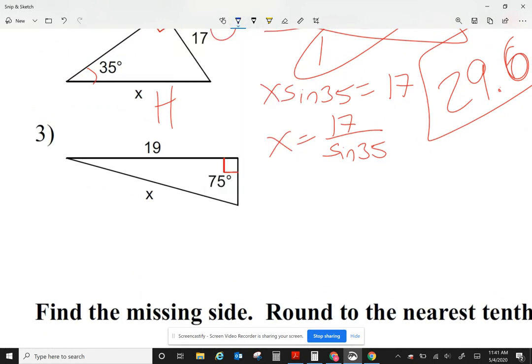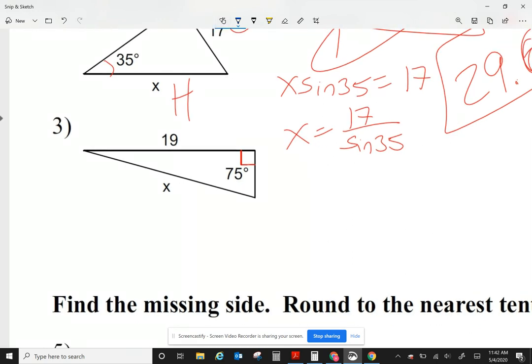To not get confused, let me change this to blue. I want to see the 75 degrees is this corner. So I have the hypotenuse, and I have the opposite. O and H, I'm going to be using sine. So I'm just going to say that sine of 75 degrees is equal to 19 over x. Let me multiply the x on both sides.